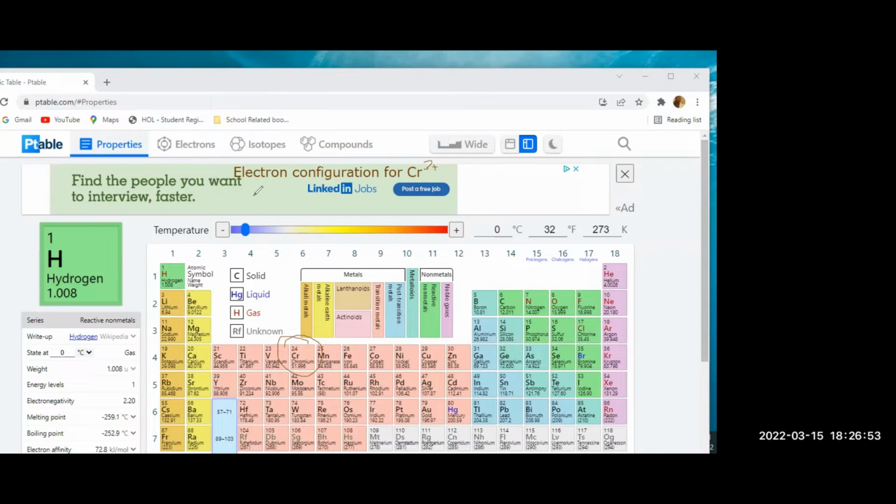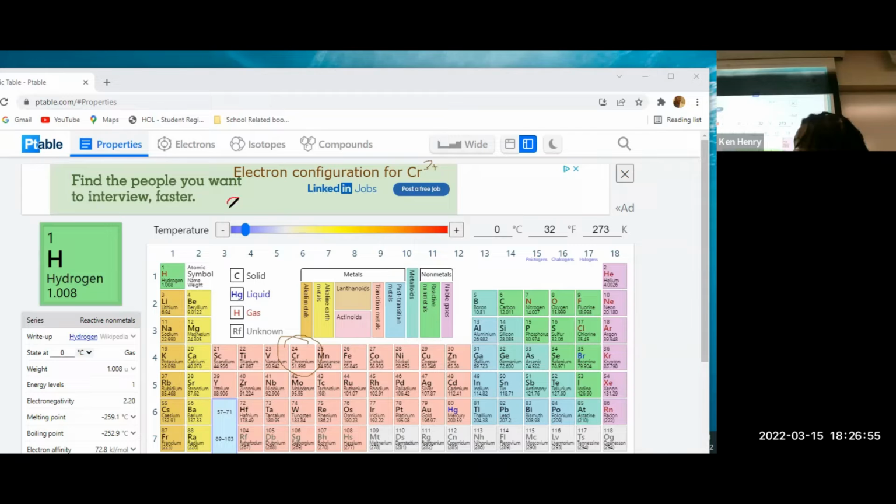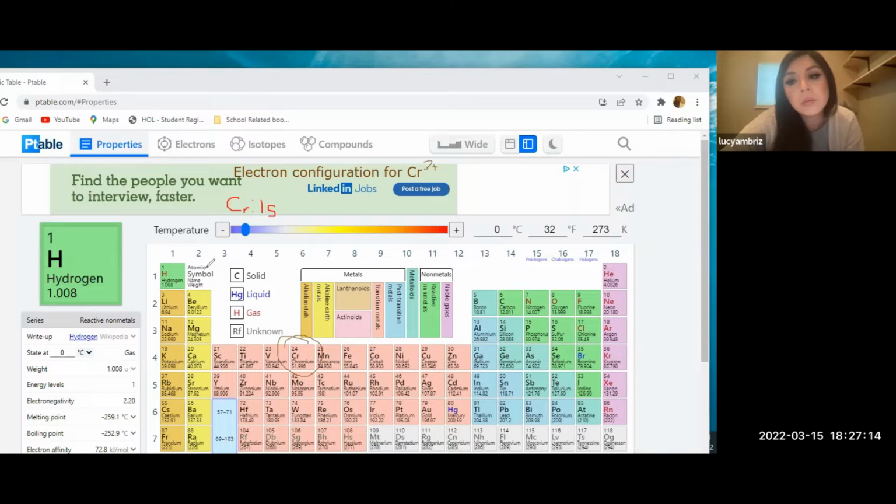Okay, so we have Cr3+. We'll start off with Cr first. We're going to write down the electron configuration for chromium. We start at the very first period, so it's 1s. How many electrons are going to be in the 1s? 2.